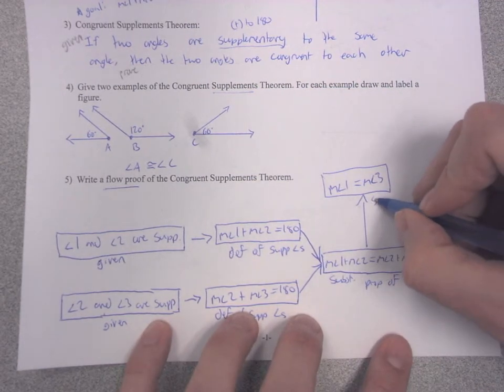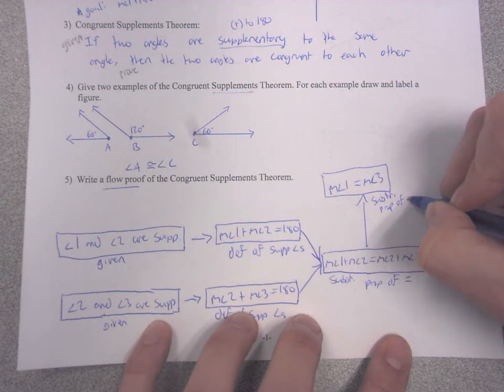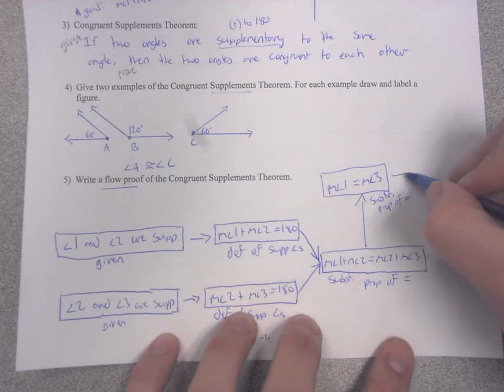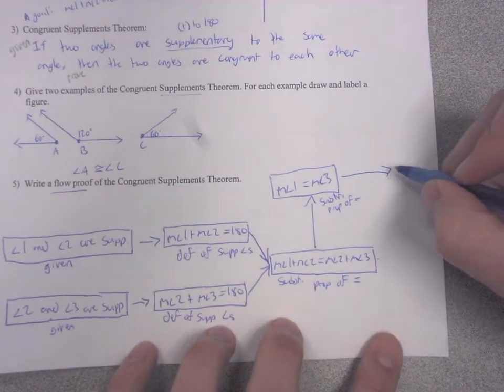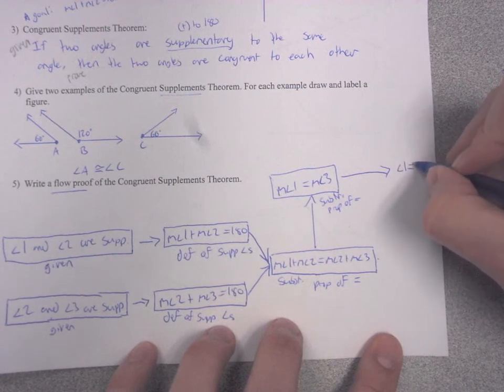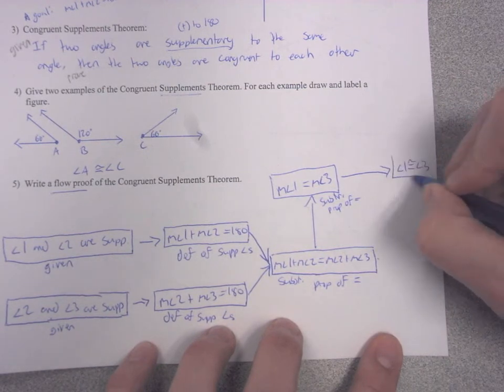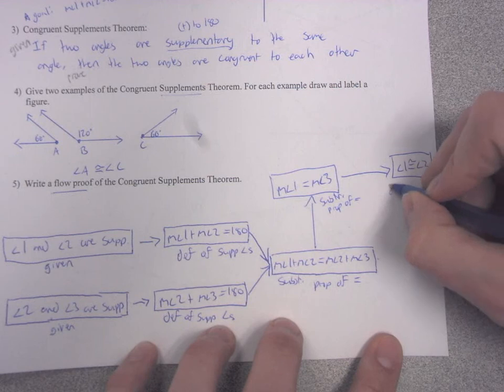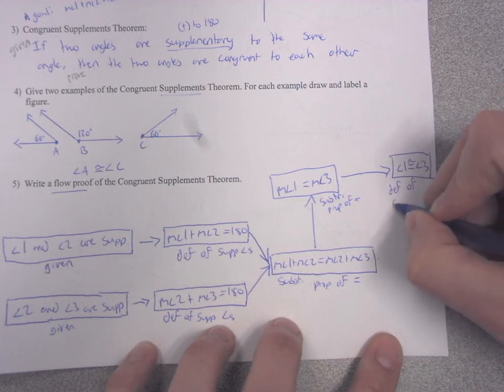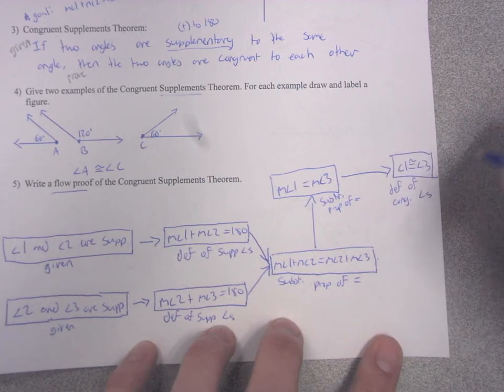And that was the subtraction property of equality. Then our last move, I'll just go this way, is that angle 1 is congruent to angle 3. And that was the definition of congruent angles.